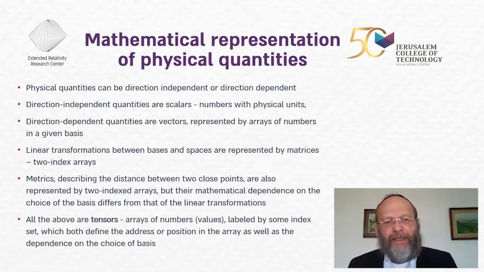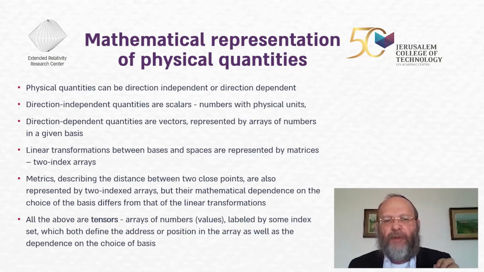So in all those cases, tensors are arrays of numbers. It can be one number, as in a scalar, but it can be an array of numbers labeled by some index set. It can be two indices, or one index, which both define the address or position in the array, as well as the dependence on the choice of basis.